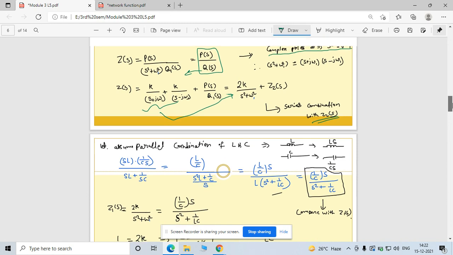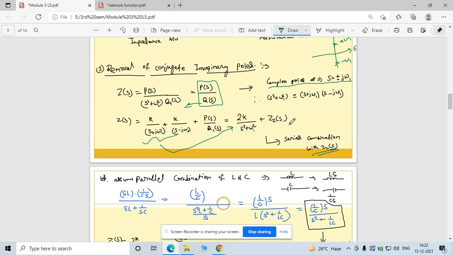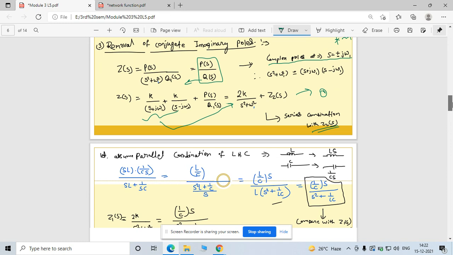Now let's assume a parallel LC circuit. This is one equation, right? You get this equation from this. Now when you compare this term with the format of a parallel combination of LC, you generally observe that L in the Laplace domain is Ls and C is 1 by Cs, right?